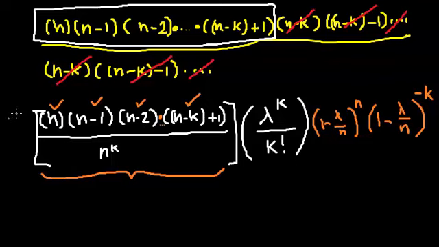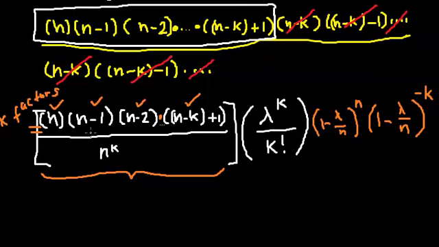And the number of terms of this polynomial is equal to k terms. So it means that the total number of factors in here is k factors. Whenever we do this, there are k factors on this numerator.